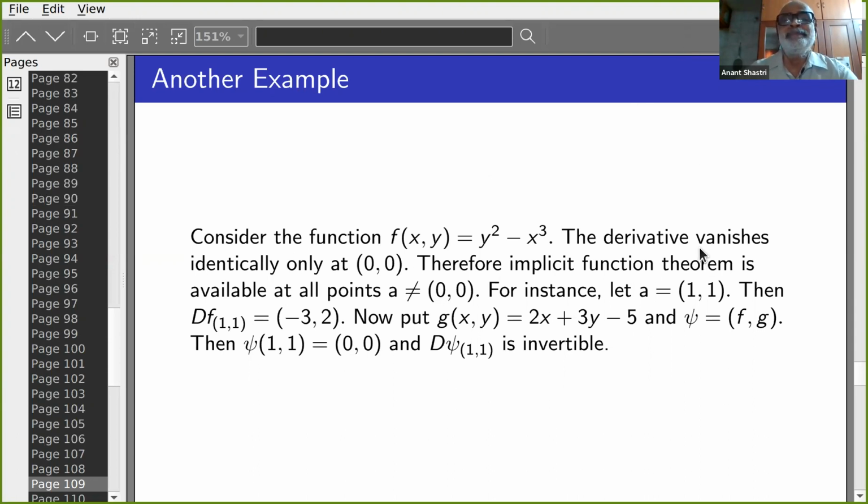Hello? No response from anybody? Devi Chandrika?